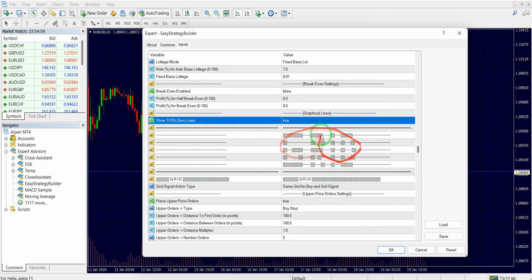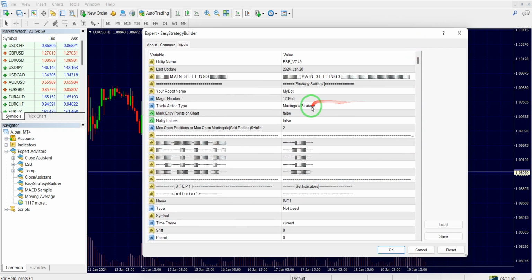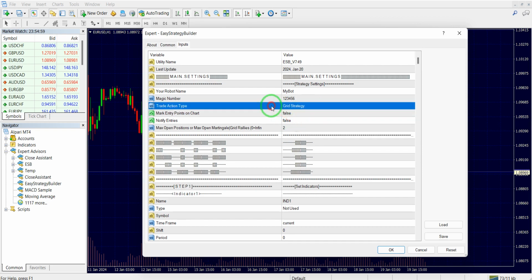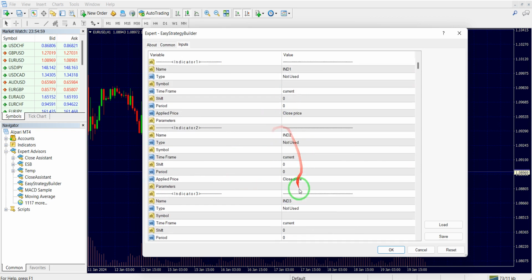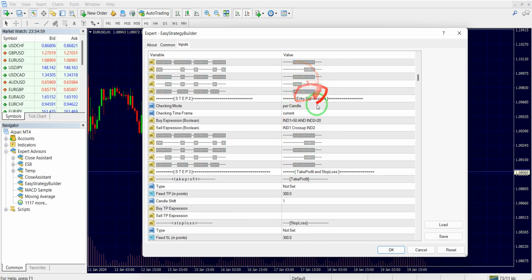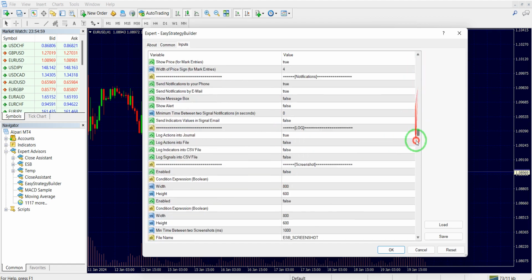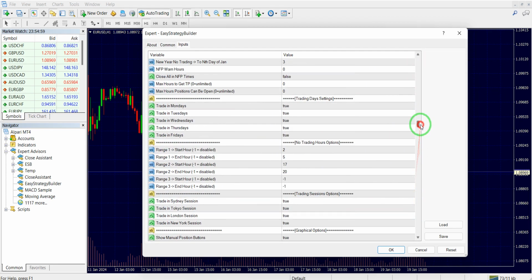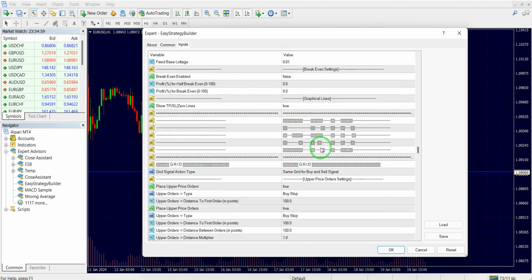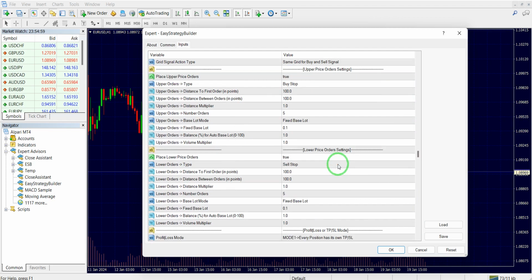And if your strategy is grid, which you set here, again, only step 1 and step 2 are valid. After step 1 and step 2, the rest of the grid options you should find under grid, which is here.